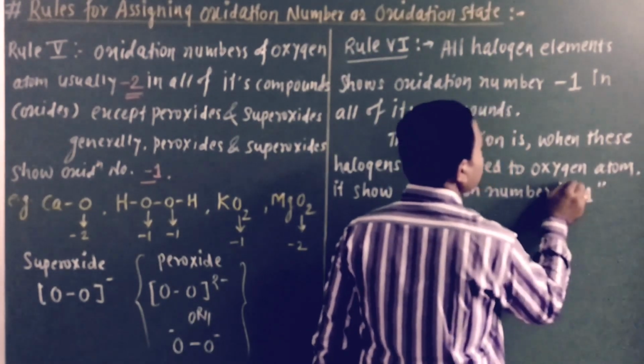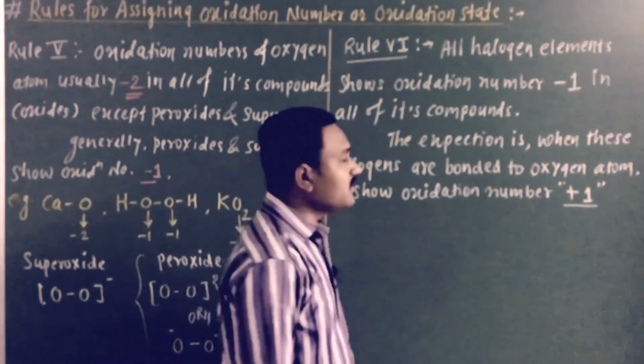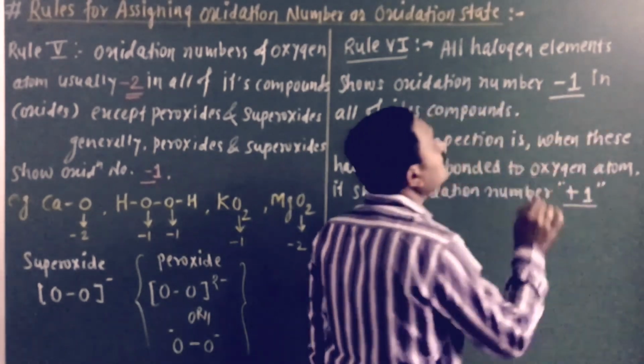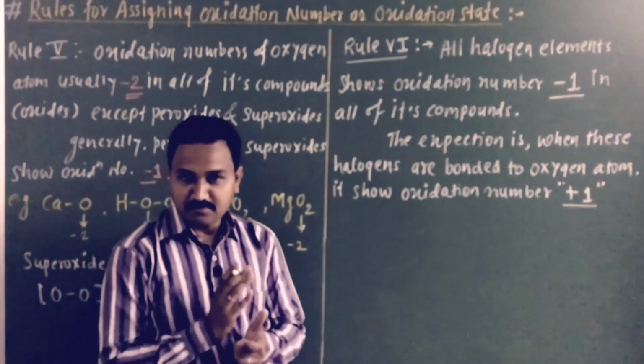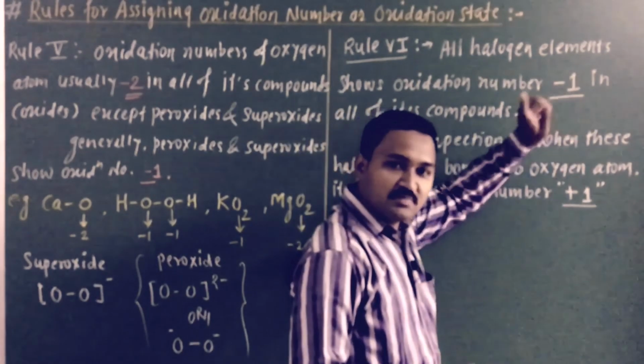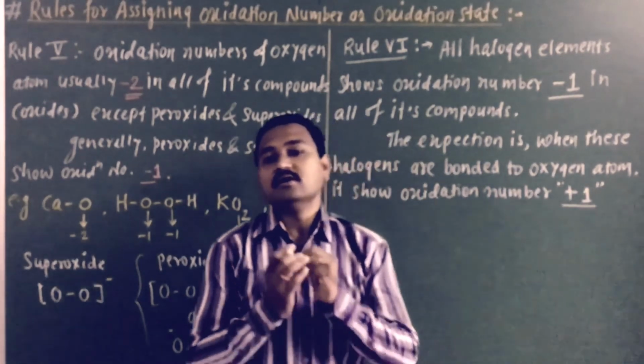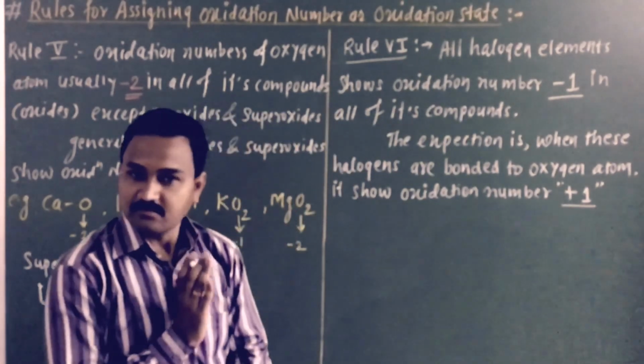Okay, so this is simply the exception one. Generally all halogen atoms show the oxidation number -1. So all halogens have the oxidation number -1, but when bonded to the oxygen atom, its oxidation number is considered as +1.